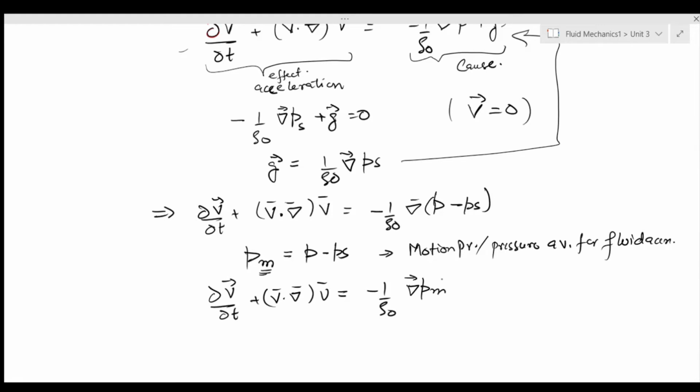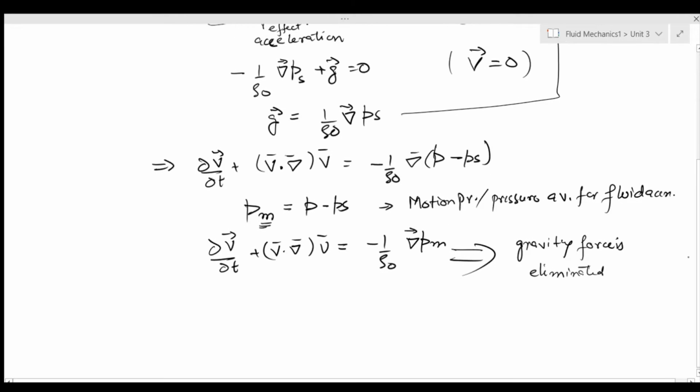Here, if you see, what we have done is that we have eliminated the gravity force and taken its effect into Pm. Where does it help us? Instead of two variables, we are writing everything in one variable. Then many a times computationally it helps us a lot.